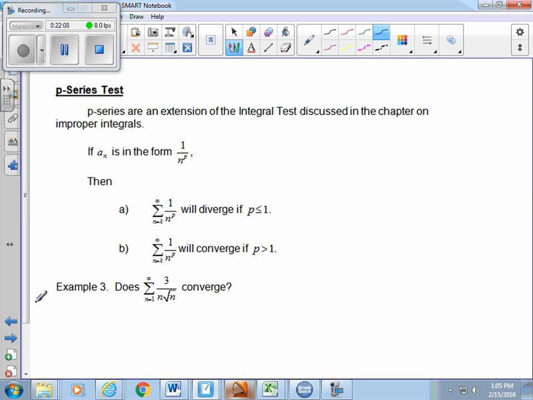Just for fun, if 1/n to the p is my series, couldn't I rewrite that as 1/n all raised to the p? Everyone agree with that?